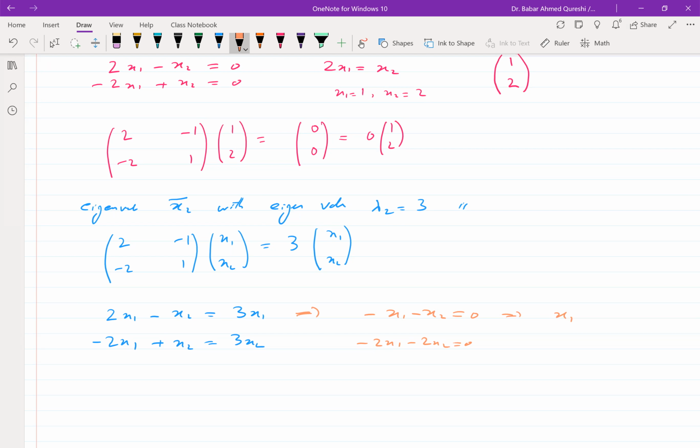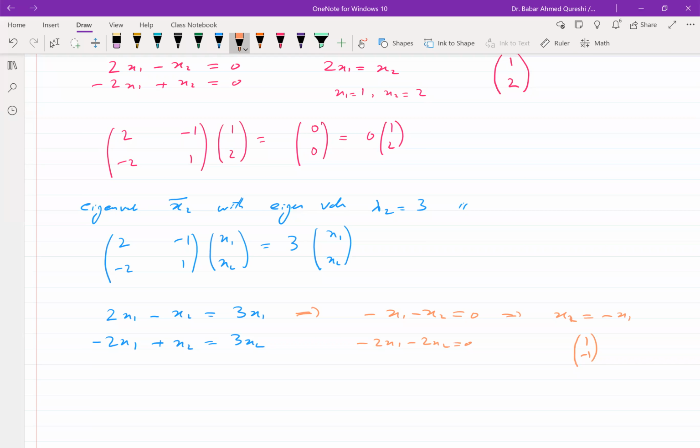So this gives me x2 is equal to minus x1. So I can choose (1, -1). This would be the eigenvector. Remember, the eigenvectors are not unique. I can scale them by a number, but this is one choice.